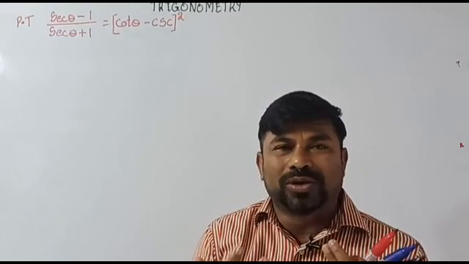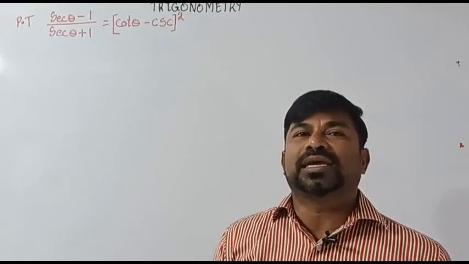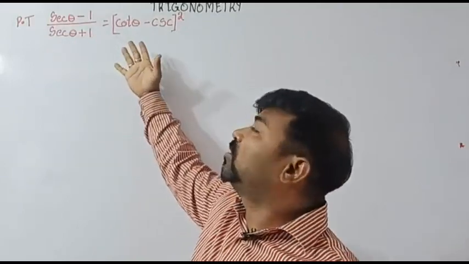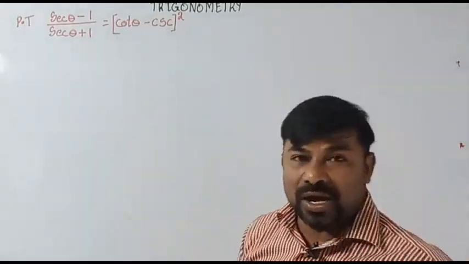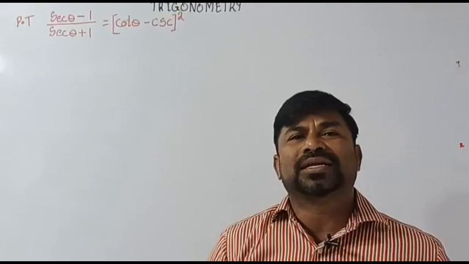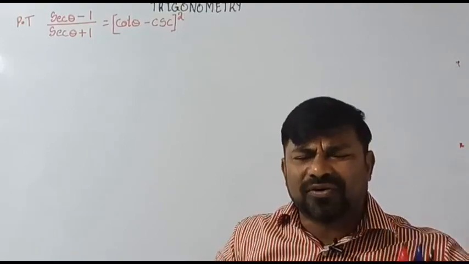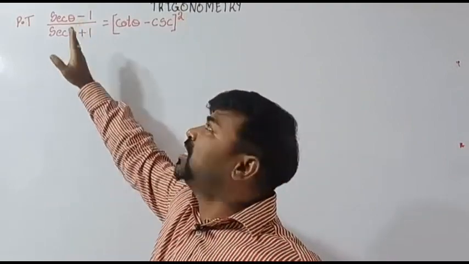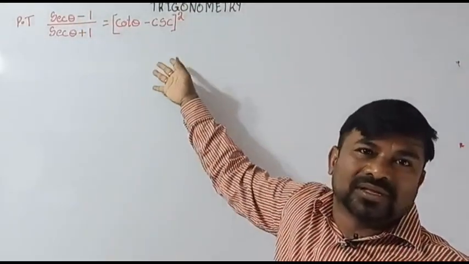Now, when we look at the question, we are supposed to see what kind of trig ratios are there in the question and where we are supposed to reach, and moreover what square identities, what multiplicative identity, what fundamental identities we are supposed to use to reach from secant to the other trig ratios given in the answer.